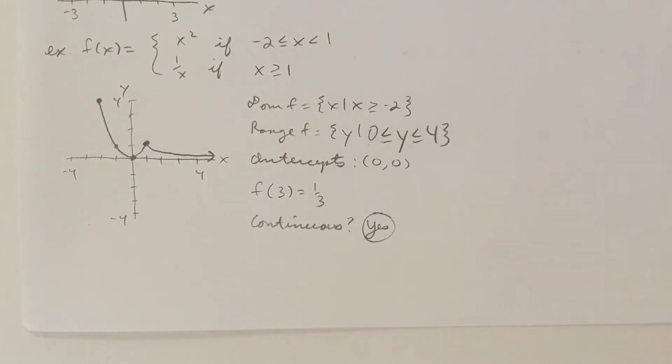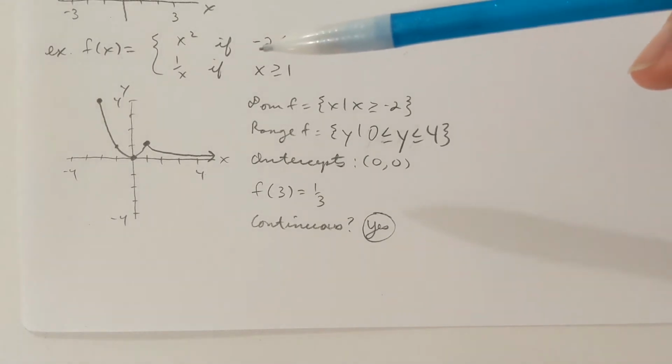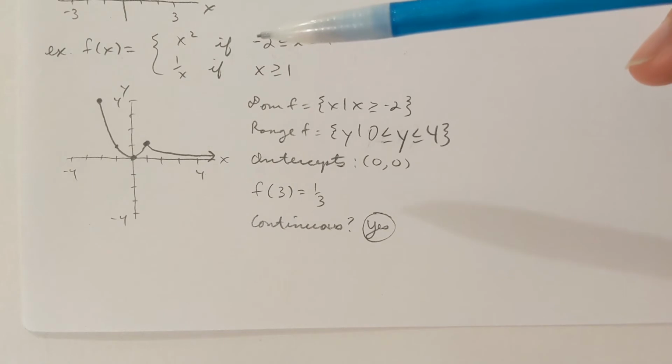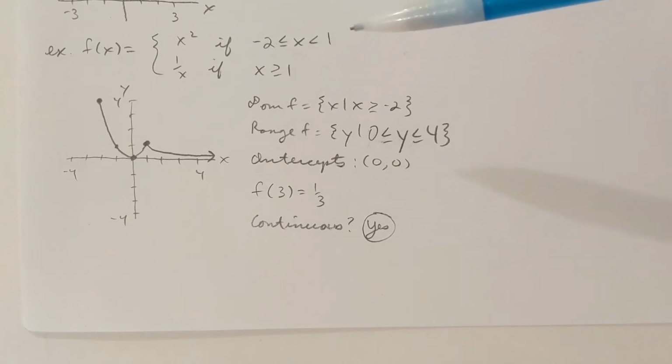Okay. The next function, f of x equals x squared, if x is greater than or equal to negative 2 and less than 1, including negative 2. You get 1 over x if x is greater than or equal to 1.